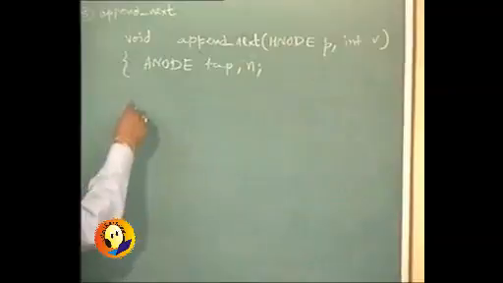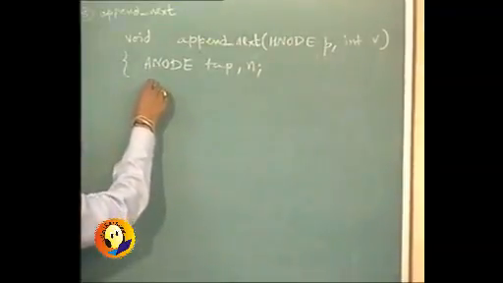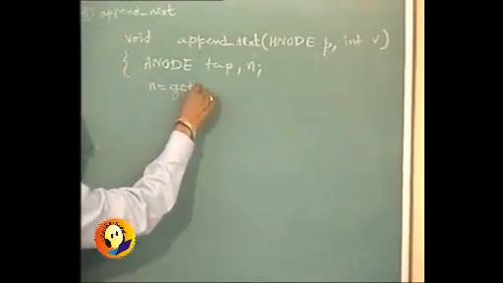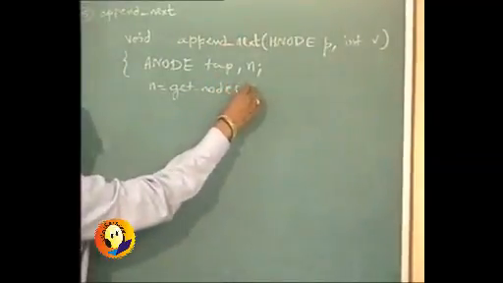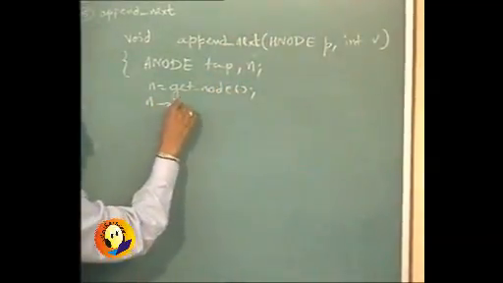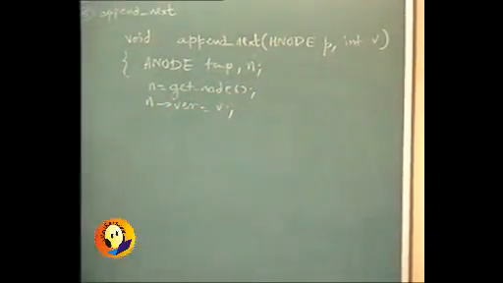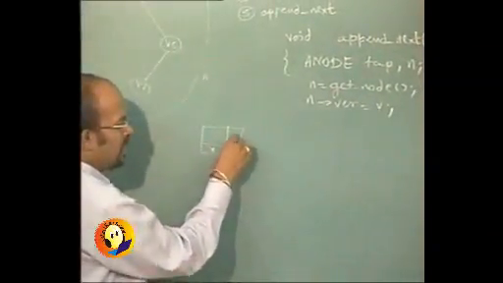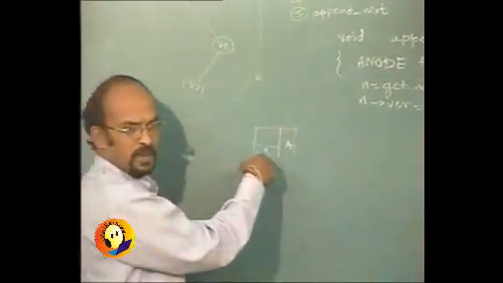Now I will have to check. We will first of all generate the node. Now it will be get node, and n arrow VER will be V. Now the possibility is that the node that is passed to me doesn't have next. That is what was happening right at the beginning.